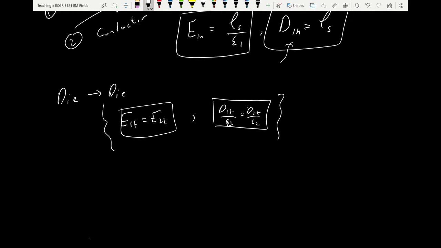This is the tangential component, and then the normal component is D2n minus D1n equals rho s, and then epsilon 2 E2n minus epsilon 1 E1n equals rho s.